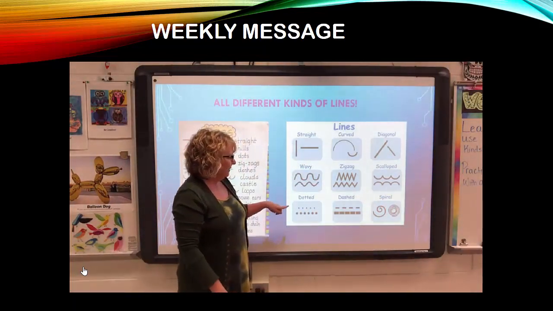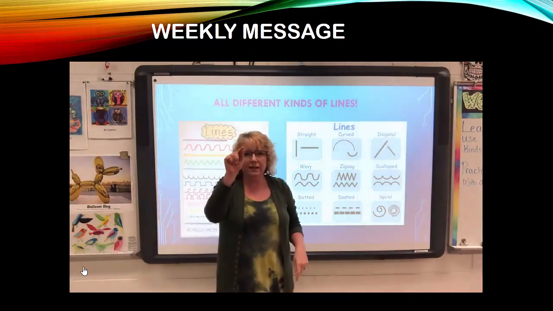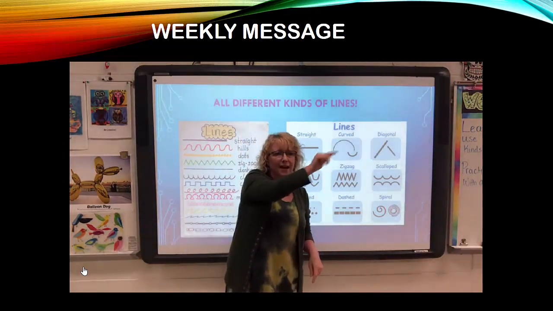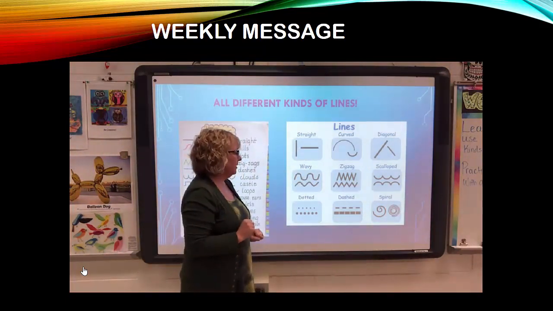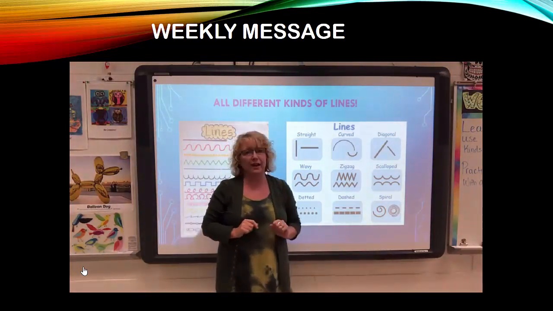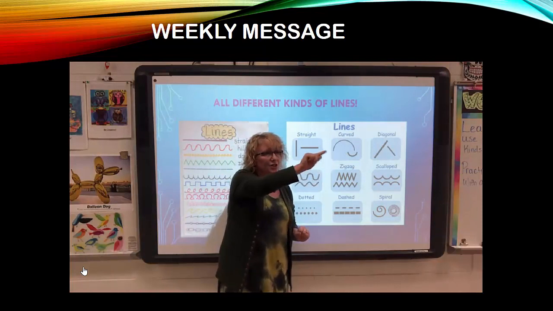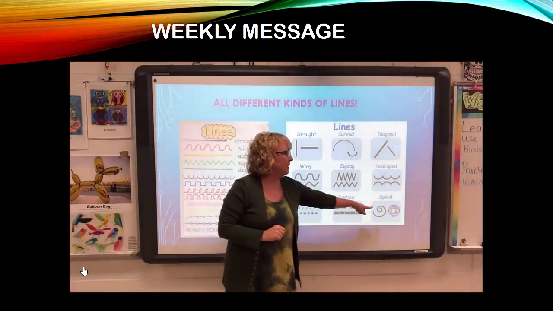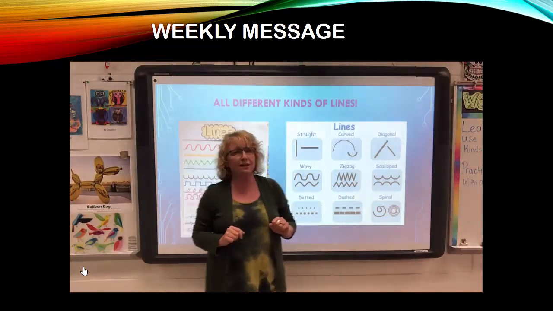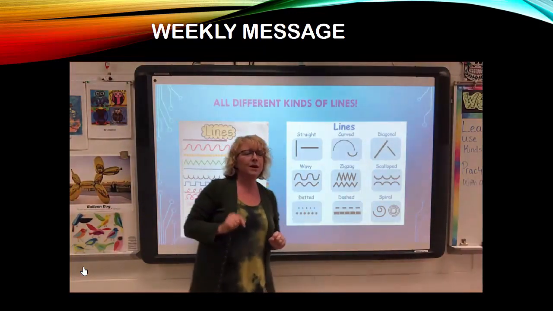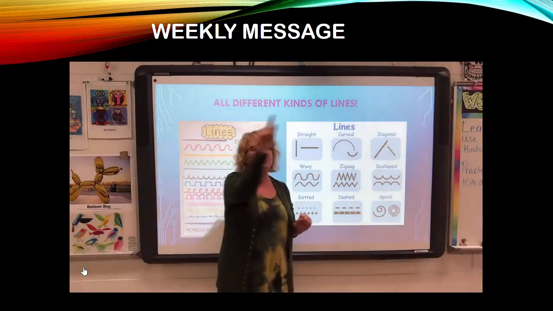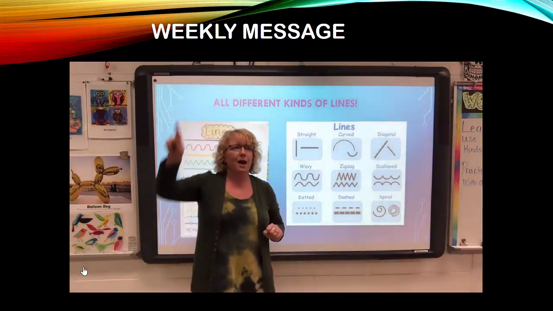Then we have dotted lines, which are when you make little tiny circles that go dot, dot, dot, dot all across your paper. Dashed lines are like a road that go dash, dash, dash, dash. And then spiral lines. Spiral lines are kind of like a loop-to-loop or a tornado. You start in the middle and you go around and it gets bigger and bigger and bigger and zoop.